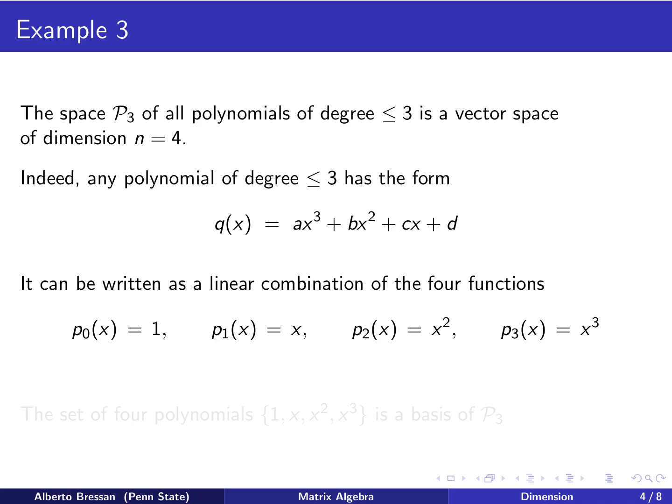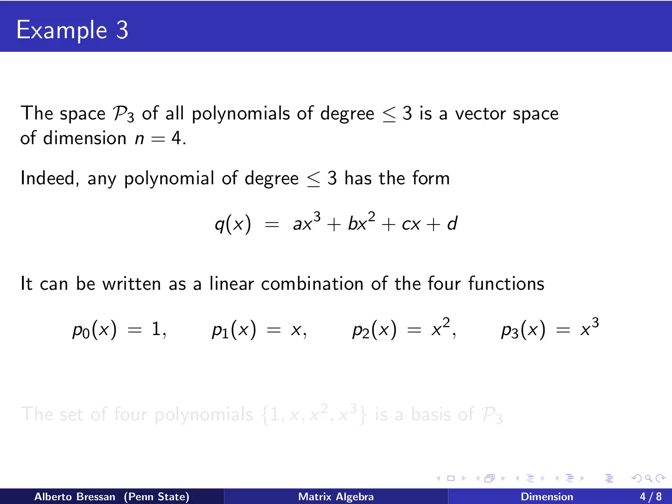On the second one, we can set c to be 1 and the other 3 to be 0, which will be just x. We call it p1. The next one, let b be 1 and the others be 0, and we get x squared, which we call p2. And the last one, let a be 1 and the others be 0. Then we have p3, which is x cubed.